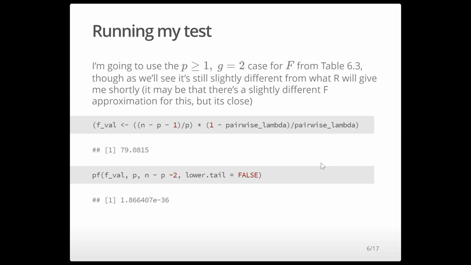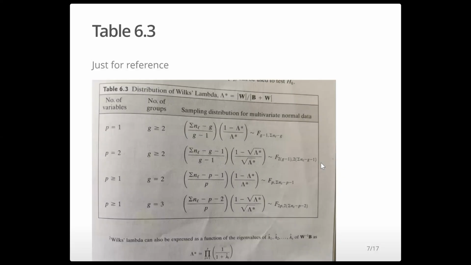It turns out that this F is very slightly different from what R is going to give me when I just do this the easy way in R, but this is pretty close, and lambda is going to be the same as what we're going to get from R. So here I get my F value and my p value, and again, it's a large F value, so I conclude that there is a significant difference.